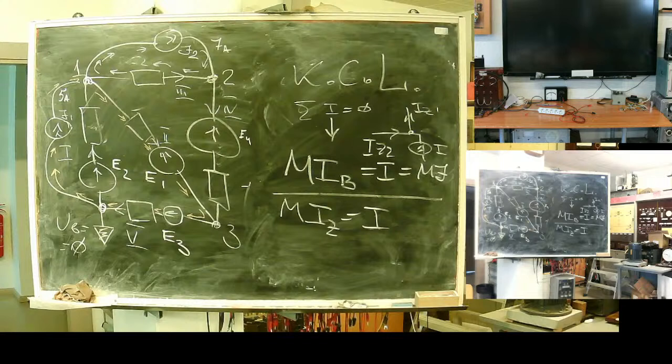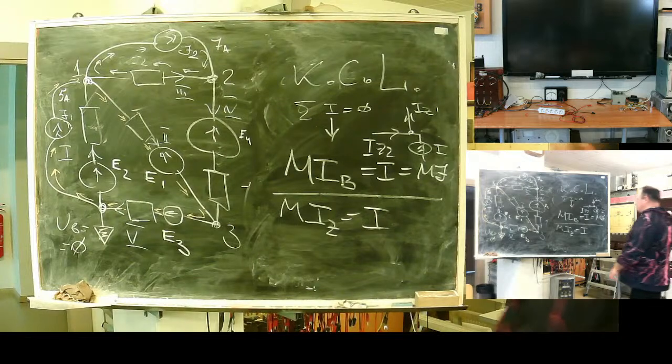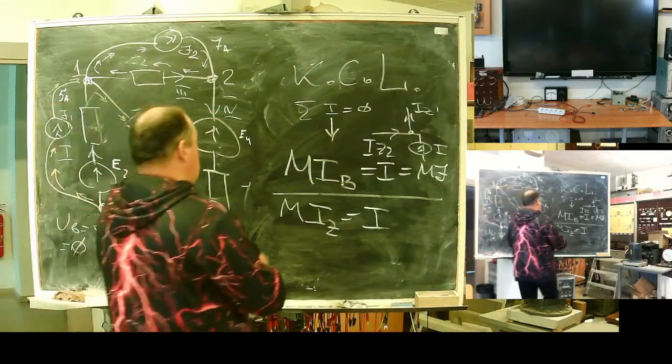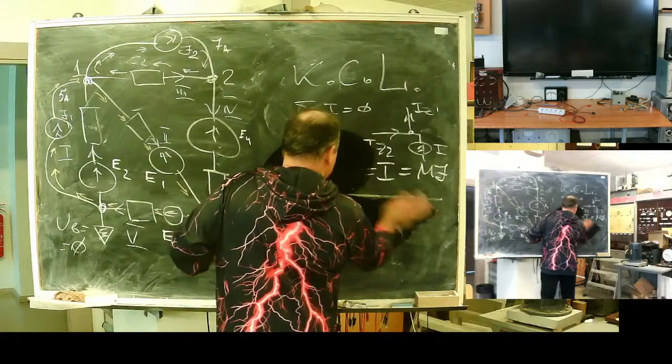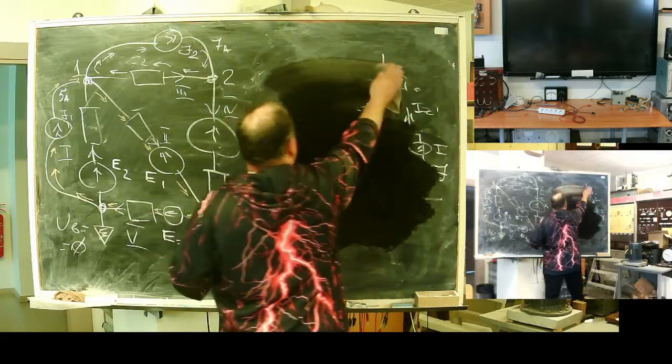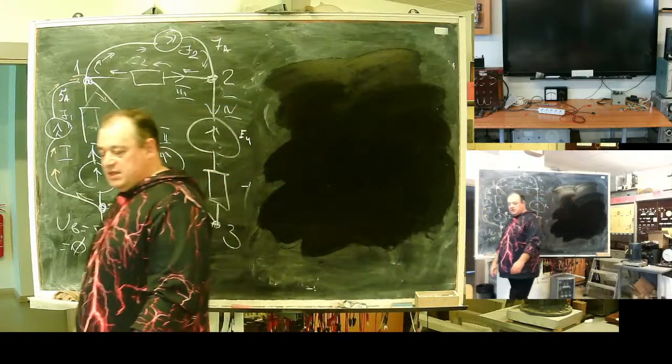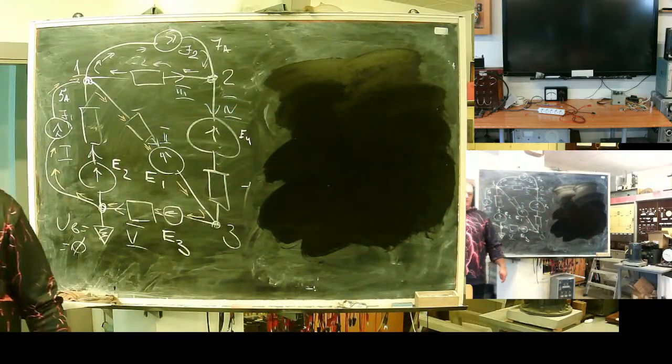But how many equations do I have in the first Kirchhoff current law? The number of nodes. The problem is, I need more equations.